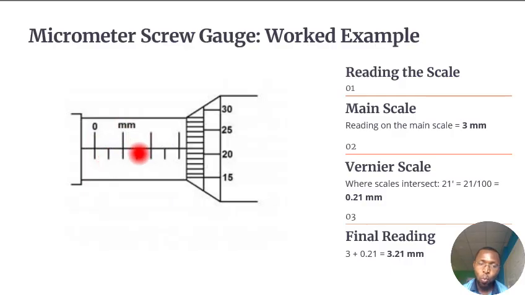This is 1, 1.5, 2. Down here is 2.5. Then it's 3. So we have 3 millimeters at our main scale. That's the last division before we get to the vernier scale now. This is it. So this is 3. So our main scale here is what? 3 millimeters. Now the next thing is to get the vernier scale. The vernier scale are all the readings here. Now, how do you get the vernier scale?